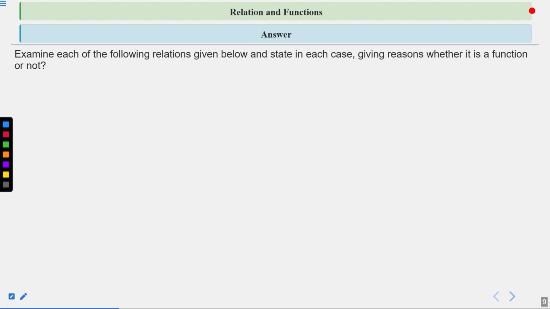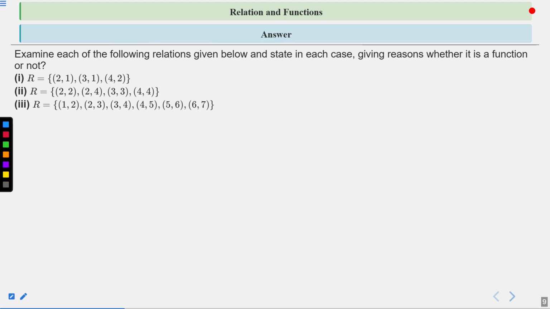So simply we just have to verify which among the given three satisfy the function definition or not. So first, second and third, meaning three relations are given to us in roster form. Solution.